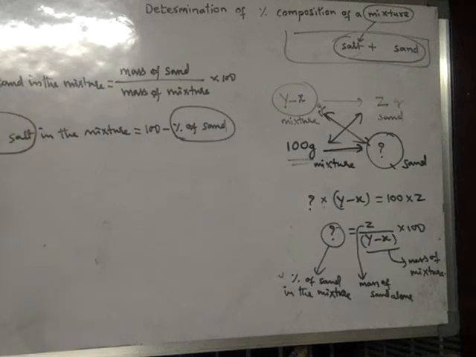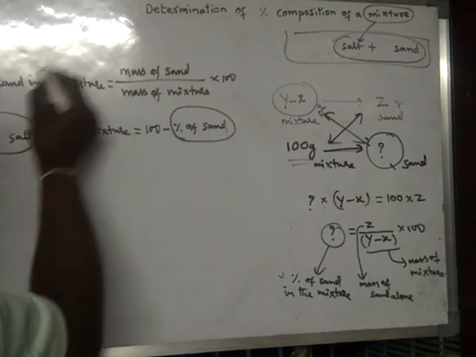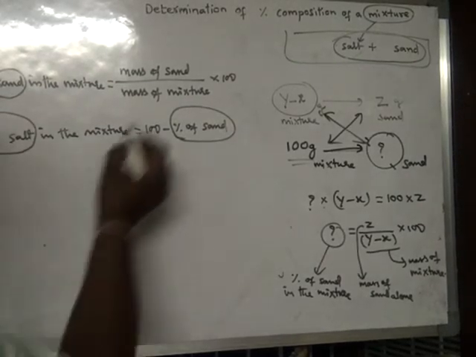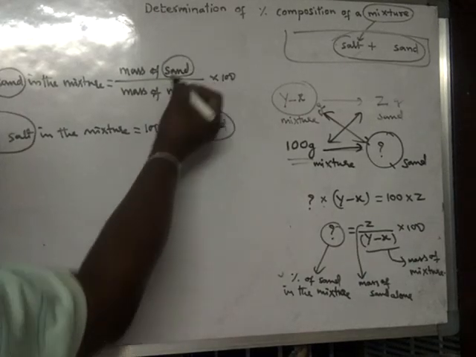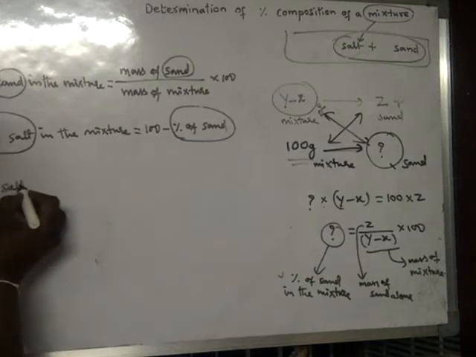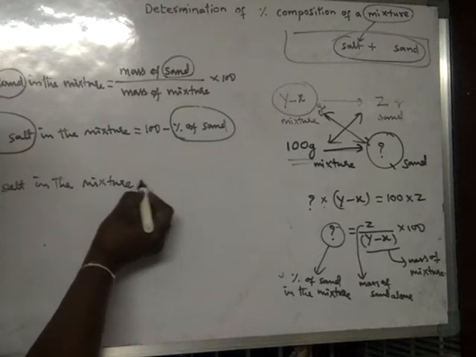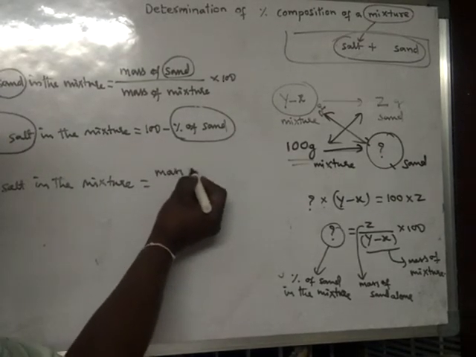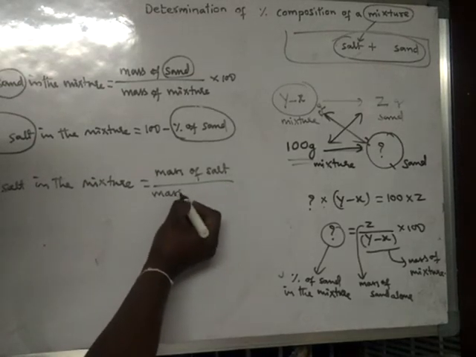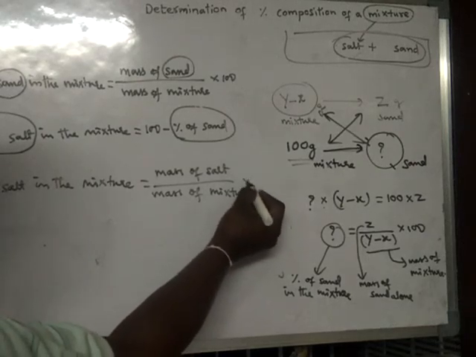Or else we can apply the same formula by changing the term sand to salt. Percentage of salt in the mixture is equal to mass of salt by mass of mixture into 100.